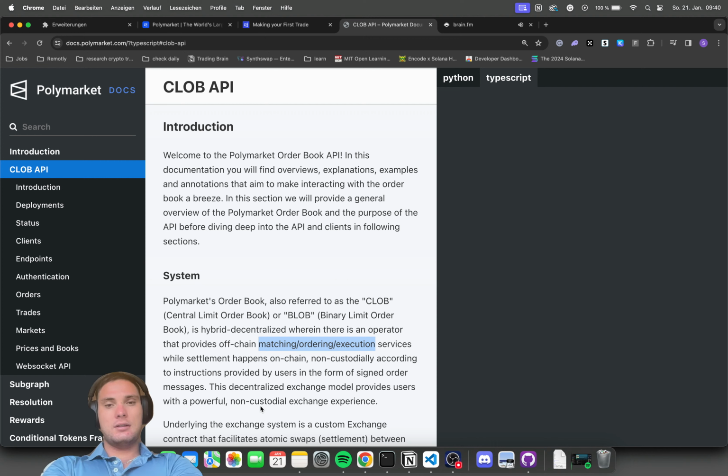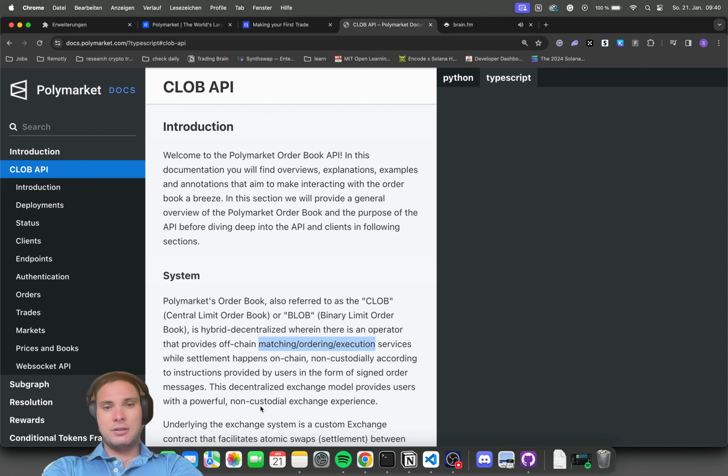I probably would approach it the same way and just have the order book off-chain, and I guess they are doing the same. Settlement happens on-chain, because you put the bets and your money deposit is on-chain, so of course.